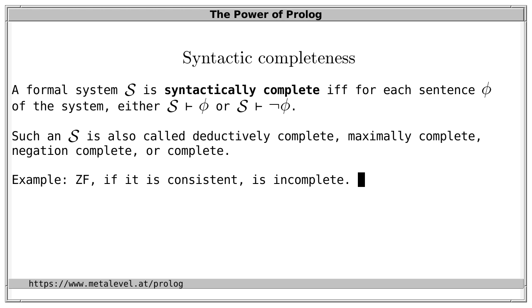For example, the empty theory, together with one of the proof systems we mentioned, is incomplete. Or take, for example, the first-order axioms of ZF that we mentioned, together with any of the proof systems that we mentioned. If ZF is consistent, it is incomplete. Because, for example, and as mentioned, ZF doesn't prove the axiom of choice, and also doesn't prove the negation of the axiom of choice.